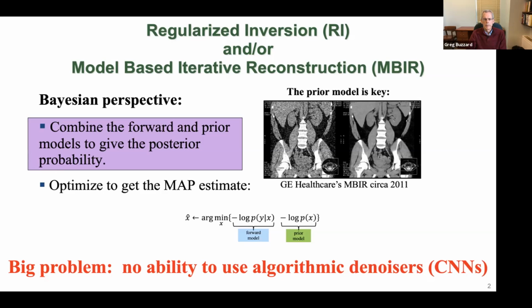That kind of algorithmic denoiser was much more effective than any kind of functional form for a prior that we had at that time or have had since. And since then, CNNs have become state of the art for most denoising problems. So the big problem with this Bayesian formulation is that it's not easy to see how we might use an algorithmic denoiser like a CNN or BM3D. And so that's one of the things that this work addresses.